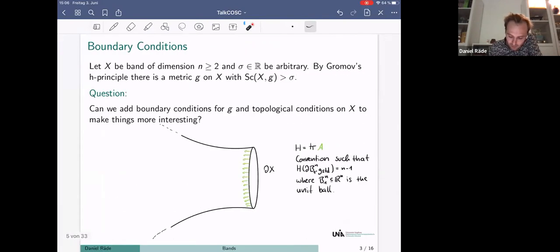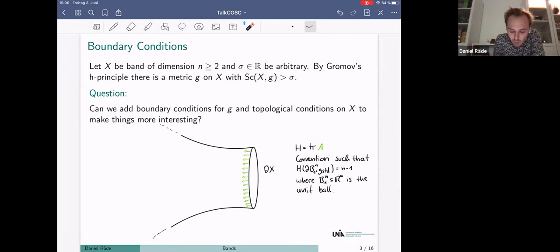All right, so maybe the first thing that one can see, if we talk about lower curvature bounds on bands and try to figure out if there are any restrictions on them, is that on an open manifold, and therefore on a manifold with boundary, there are no restrictions to existence of metrics with any lower curvature bounds.